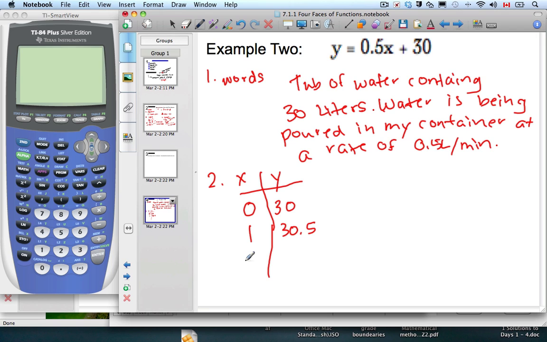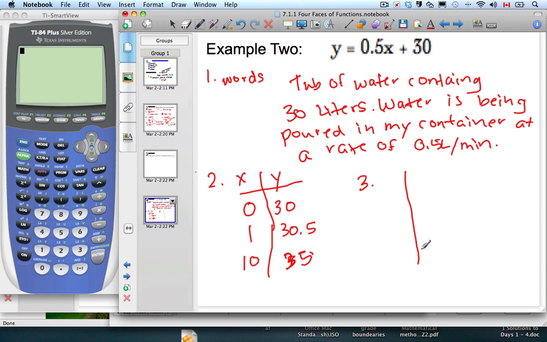And if our time is 2 minutes, or do you want to go higher than that? I was going to go at 10. Okay. Then we have 35. You might want to check for yourself to make sure you know how those numbers come. Yeah, I was just doing those in my head. Okay.